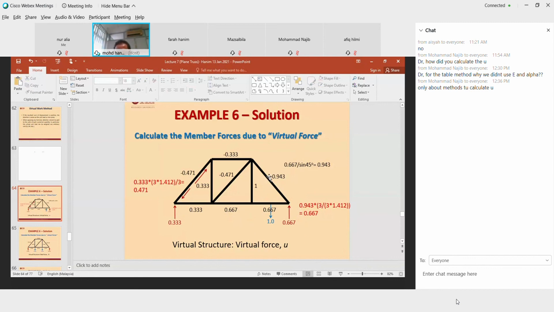Similar to this one, the resolution method also by ratio. Okay. Is it clear?